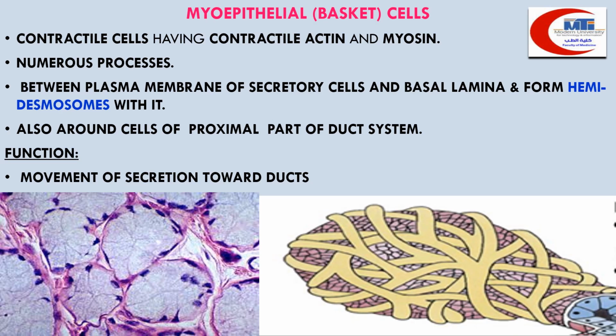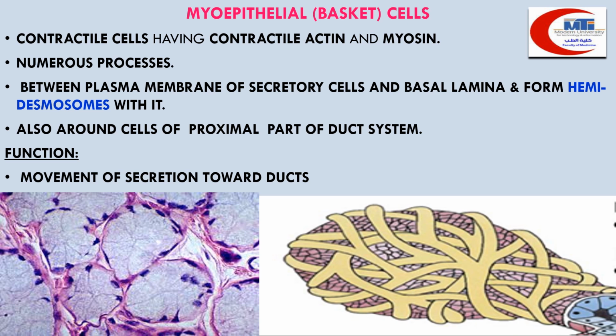Myoepithelial cells, or basket cells, are called basket cells because they have numerous processes surrounding secretory cells like a basket. They are contractile cells having contractile filaments, actin and myosin. They lie between the plasma membrane of the secretory cells and the basal lamina, forming hemidesmosomes with it.